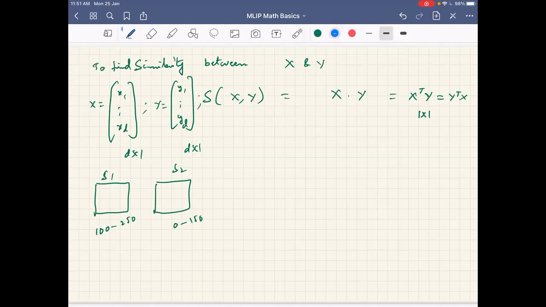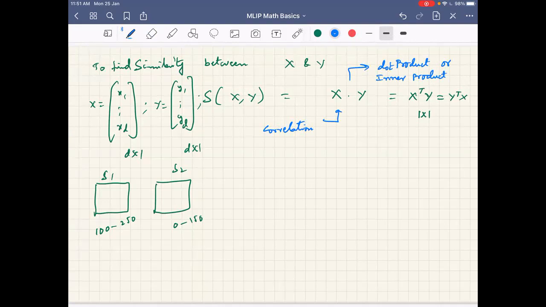This is correlation. Somebody has said dot product, fine. It is also said as inner product between the vectors X and Y. So these are all the different terminologies used.